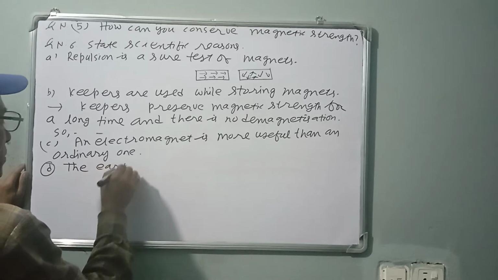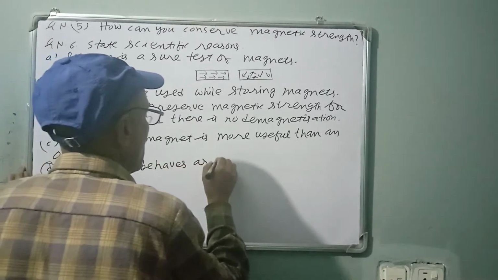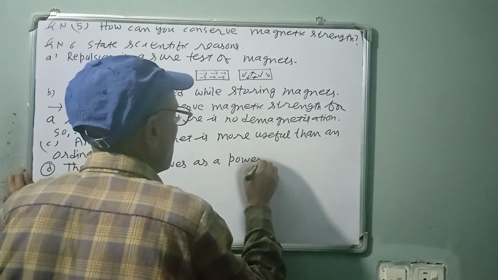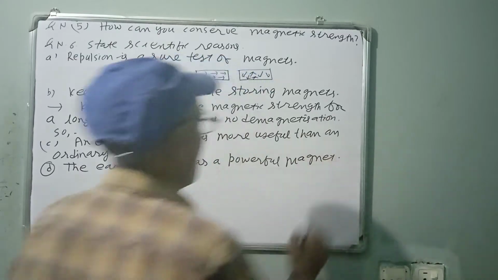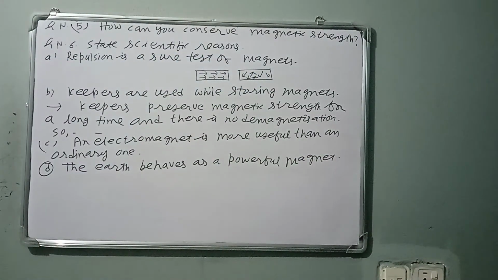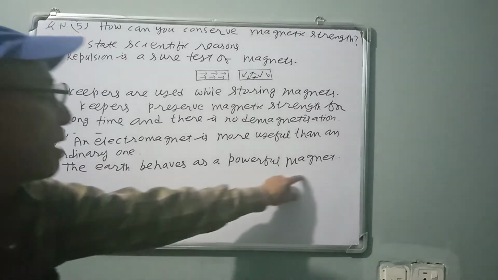The earth behaves as a powerful magnet. Why? How to know the answer? Can you say the earth is a magnet? Yes.